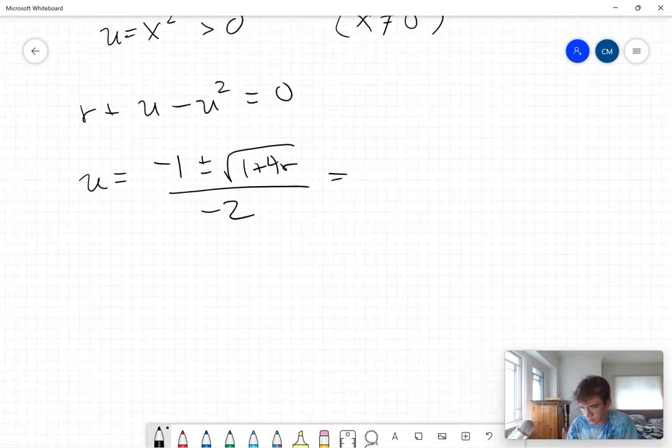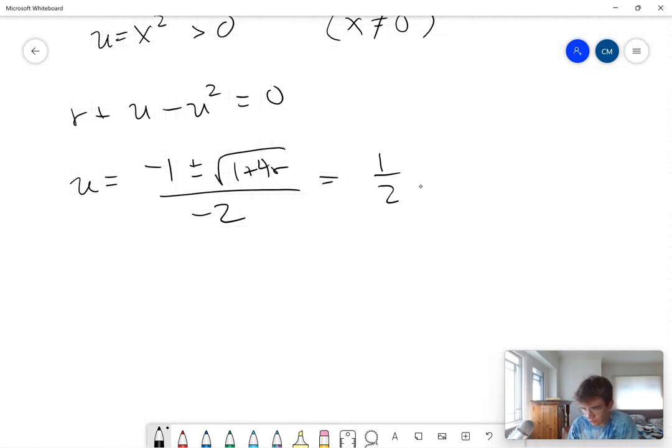Simplifying here, I'm going to have 1/2 plus or minus, and I bring the negative inside the plus or minus, and then I bring the 2 inside the square root, so I have 1/4 plus r. The plus becomes a minus, the minus becomes a plus, and we still have a plus or minus.